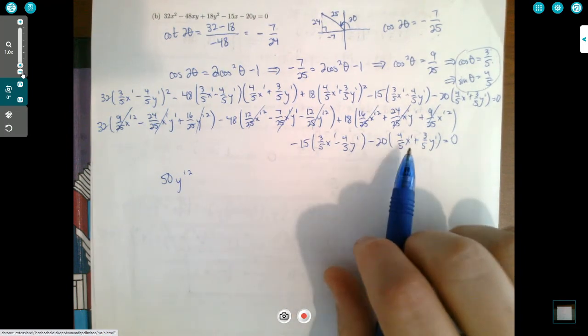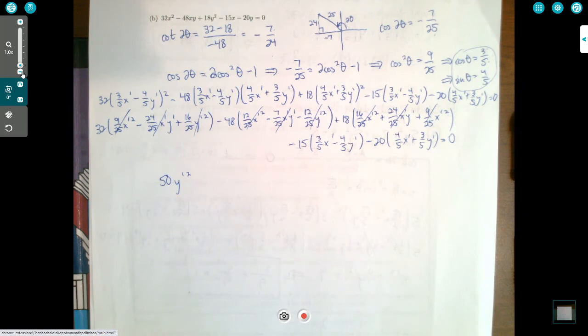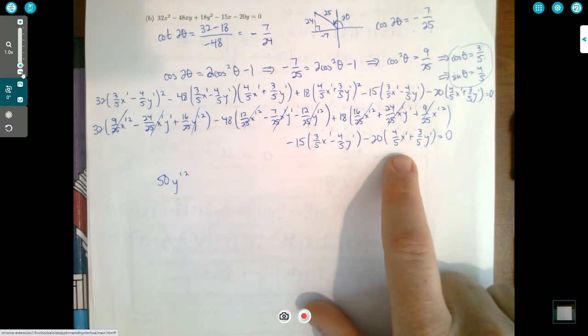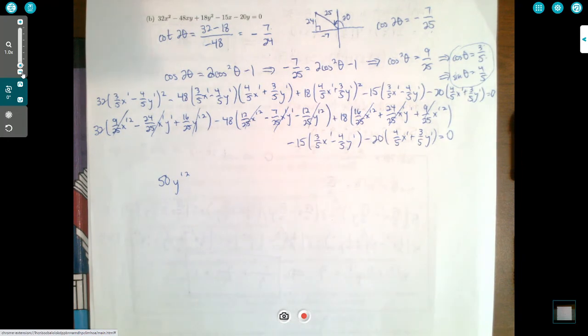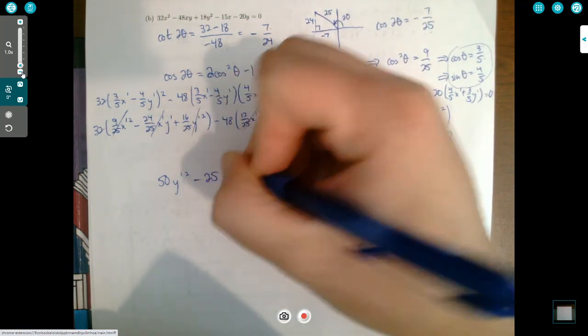Now for my x primes, I'm going to have negative 15 times 3/5 minus 20 times 4/5. That comes out to negative 25. So I've got negative 25 x prime.